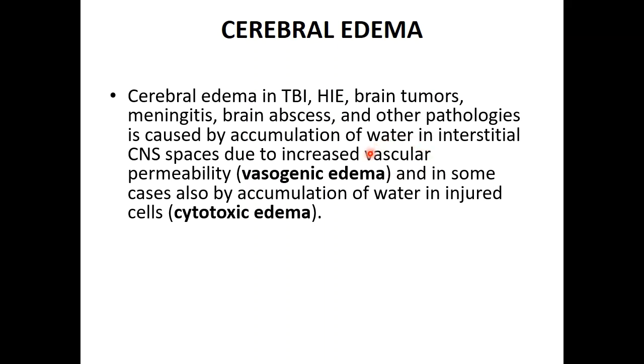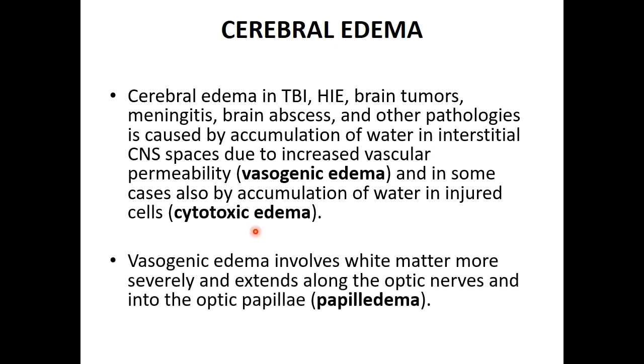So increased permeability of the tight junctions of the blood-brain barrier results in characteristic vasogenic edema. And in some cases, there is accumulation of water even in the cells per se, resulting in characteristic cytotoxic edema. So vasogenic edema mainly involves the white matter more severely and extends along the optic nerves and into the optic papillae, resulting in what is called papilledema.